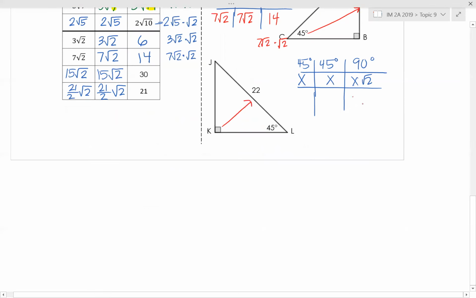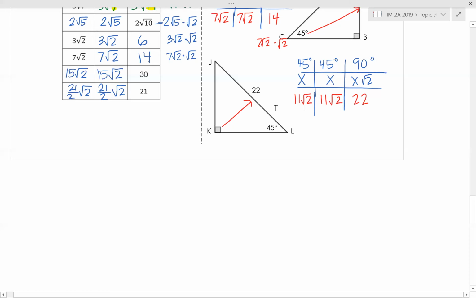So they give us that this side is 22. So when our hypotenuse is a whole number, that's when our value here is half of that. So 11 times the square root of 2. So then that means that those are the sides of that right triangle.